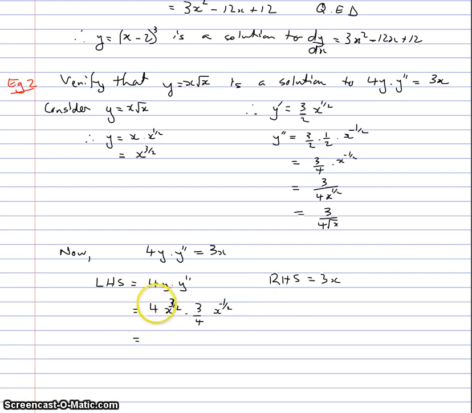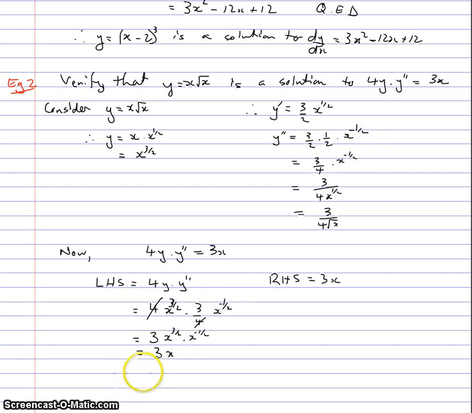Working through it, we can see that the 4's are going to cancel, and we're going to be left with 3 x to the 3 over 2 times x to the negative 1 over 2, and then we add together the powers. 3 over 2 minus 1 over 2 is going to be x to the 2 over 2, or just x to the 1, or just 3x.